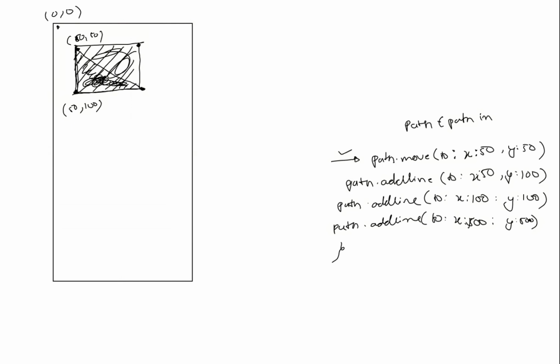Suppose you have to create a shape like this, like an iPhone battery shape. What you do is first create an anchor point here, then you move to here, from here you move to here, from here you move upward, then here, then here, then here, then here.